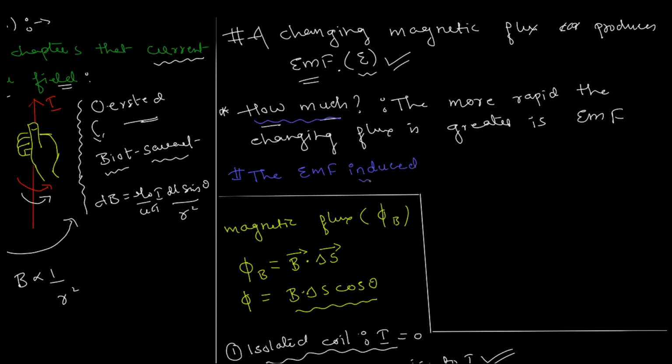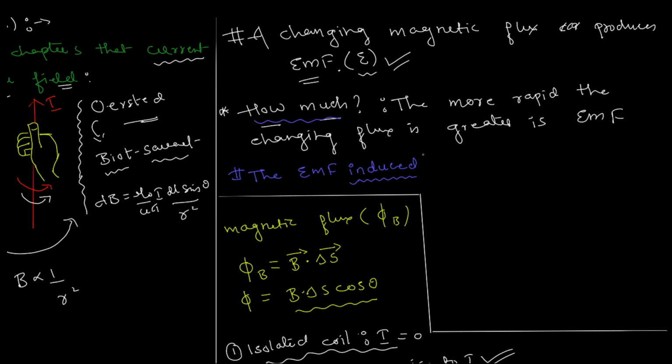The word induced is very interesting here, because this is not some EMF that you have created by chemical reactions or by producing an electric field. This is an induced EMF. How did this EMF get induced? Due to changing magnetic flux.